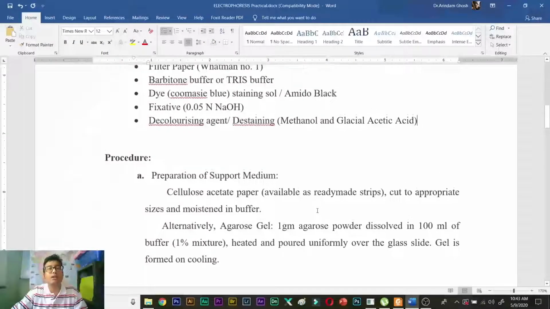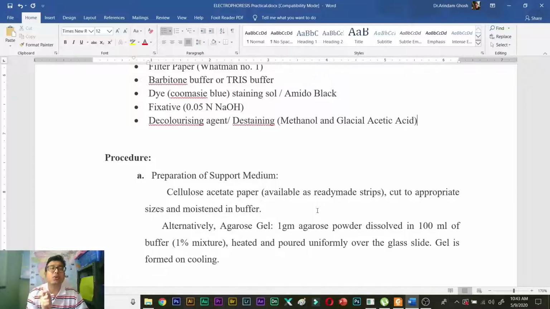When I show you the video, it will be much more clear. So, first the gel should be prepared. Depending on whether it is agarose or cellulose acetate paper or agar, if those are agar or agarose, they first need to be heated, boiled and then cooled.